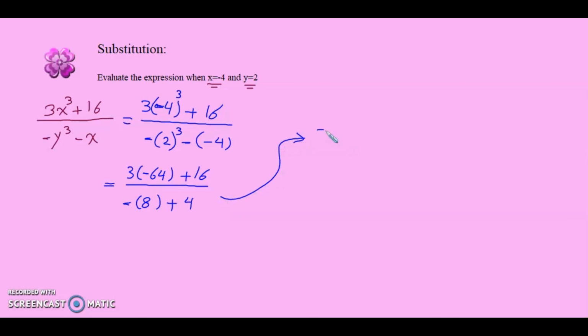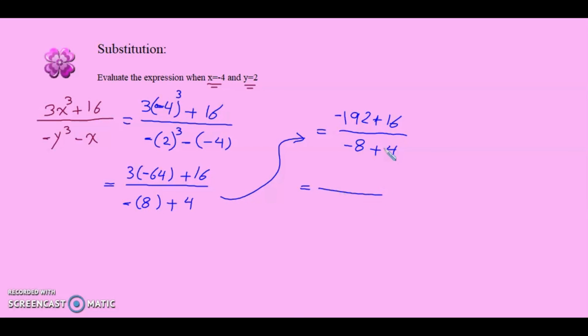Next step. Okay. On top, I have multiplication. 3 times negative 64 would be 192, and obviously negative, and keep the rest, plus 16. At the bottom, negative 8, and then plus 4.